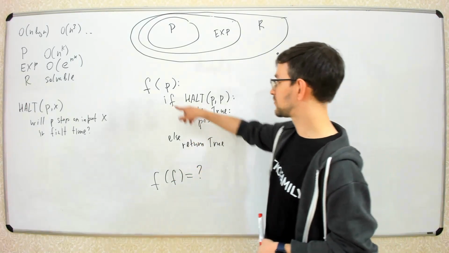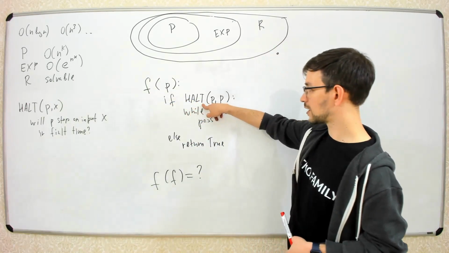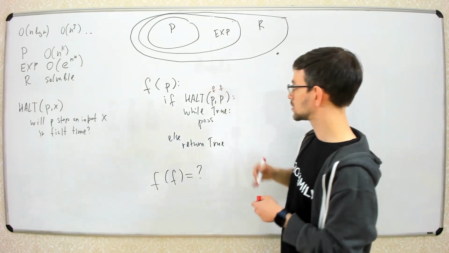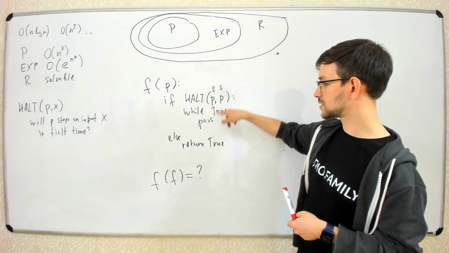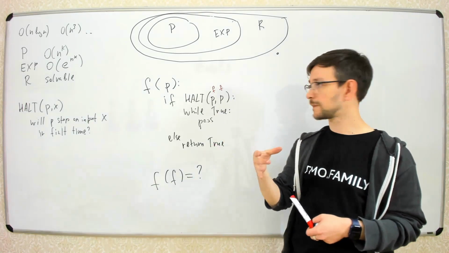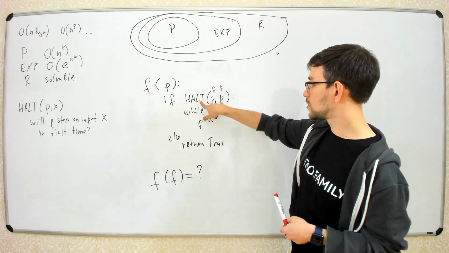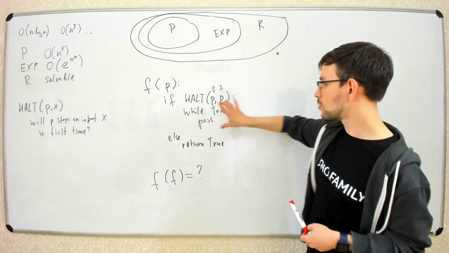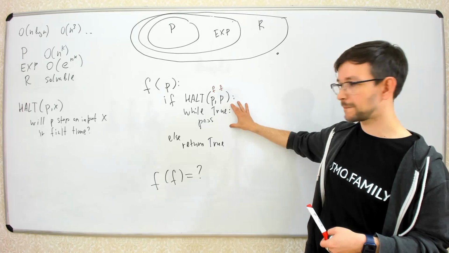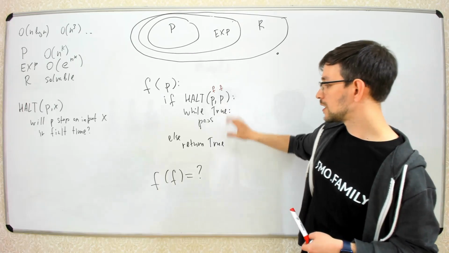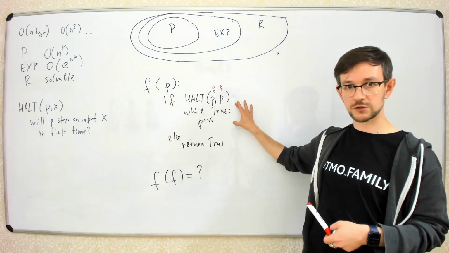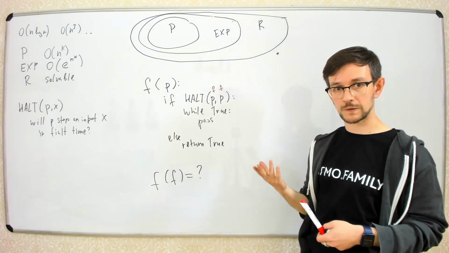And if it stops, it means that the halt function, where you give f and f as arguments, checks that function f stops when given f as an input. It stops, so halt returns true. You go inside this section and you have an infinite loop. So if function f stops, then function f doesn't stop. It's a contradiction, right?